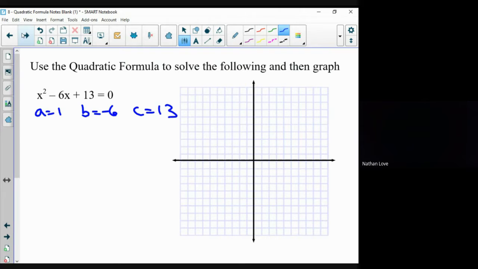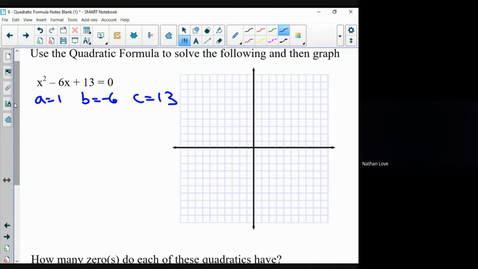What are we going to put it into? B squared minus 4AC, what do you get? 36 minus 4 times 1 times 13. Remember what to do next?